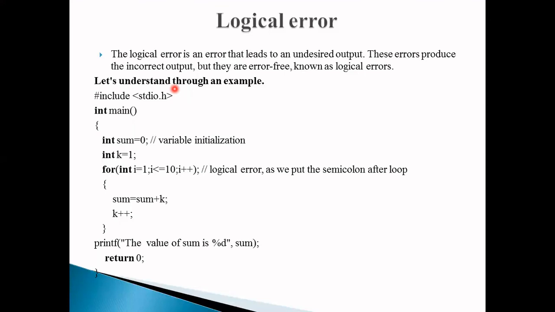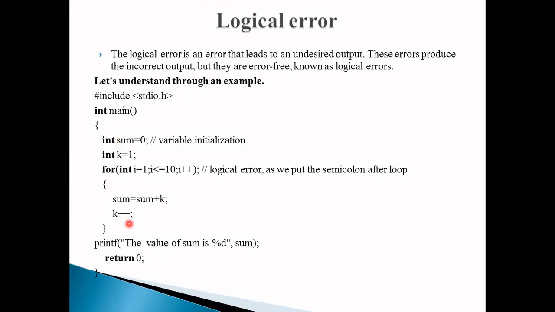Let us see an example. Here we take #include stdio.h file and the main function. Here we take a variable sum of data type integer. Another variable k stores value 1. Here we take a for loop.